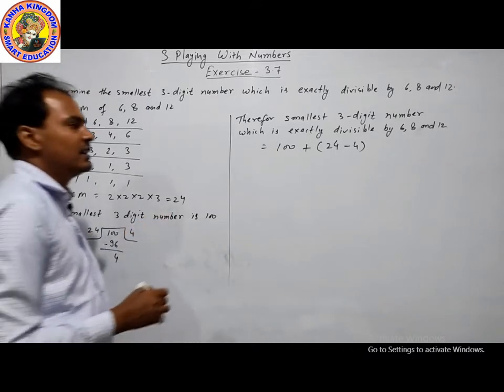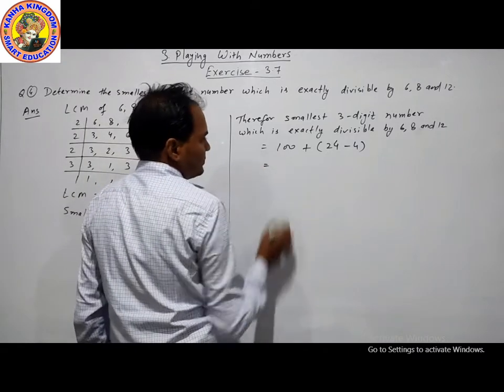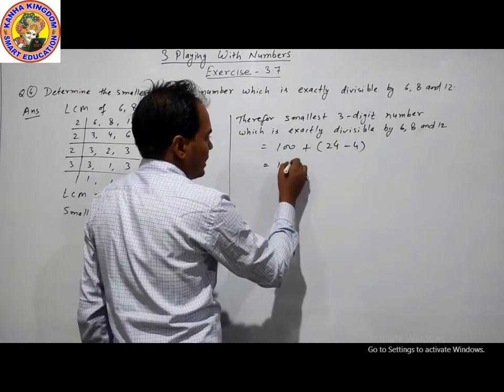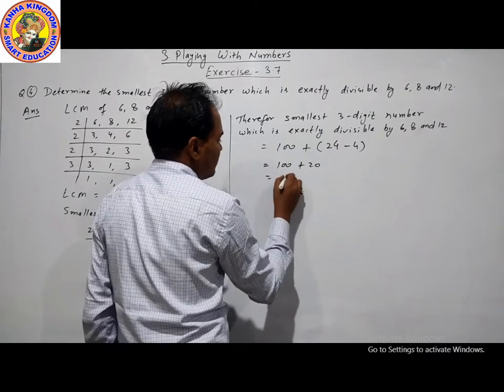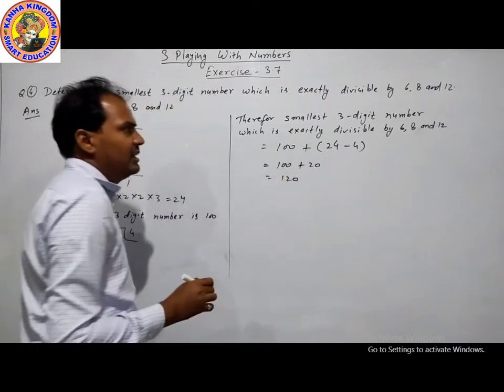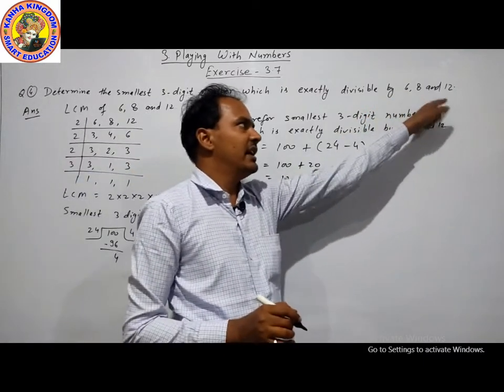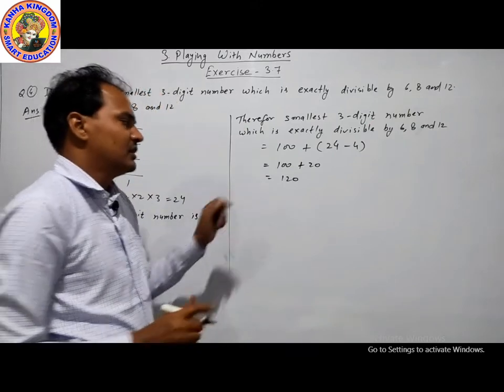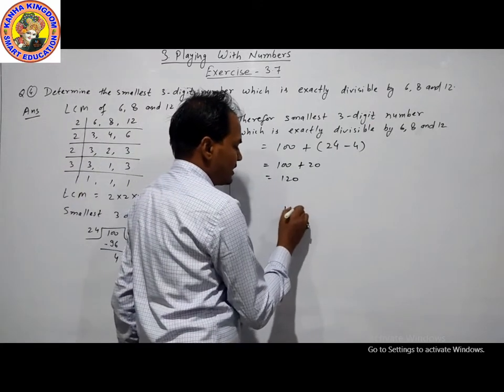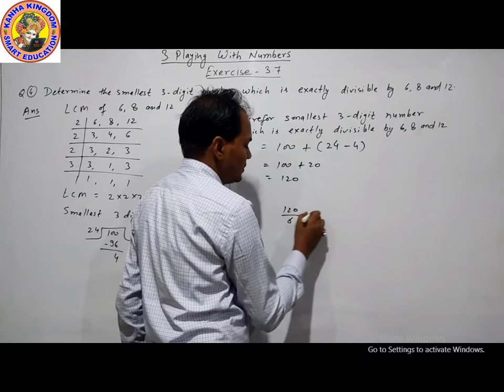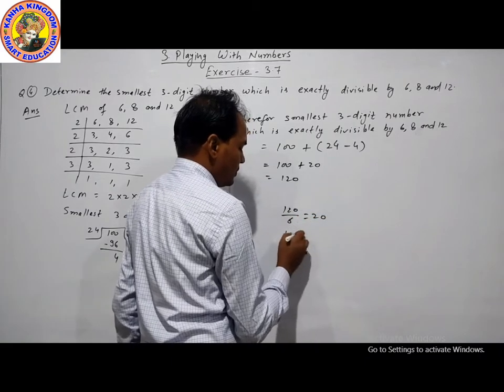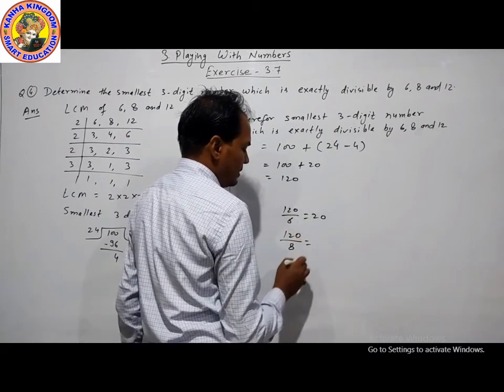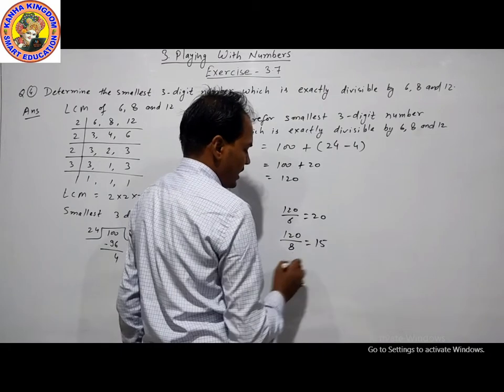So we will take minus 4. The answer is 100 plus 20, 120. 120 we can divide by 6, 8 and 12. When we divide by 6, 20 times. When we divide by 8, 15 times.